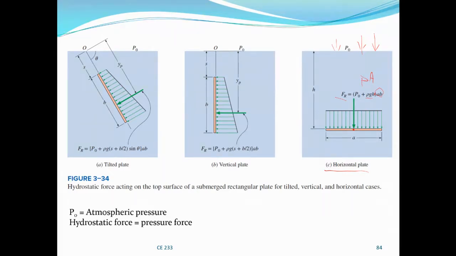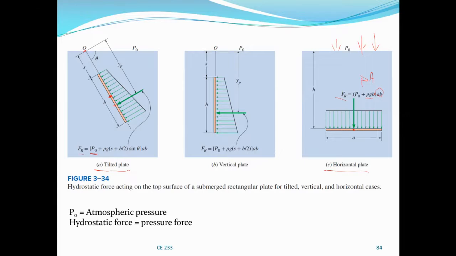Now, if the plate is inclined, that is tilted, we have seen the resultant pressure force. This is also the atmospheric pressure. This is gamma, rho g, and this is the distance to the centroid from the surface, the slant height, from O to the centroid of the object, which is S plus B over 2, simply y bar.